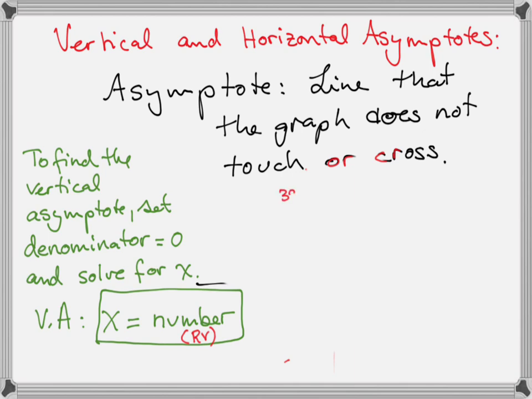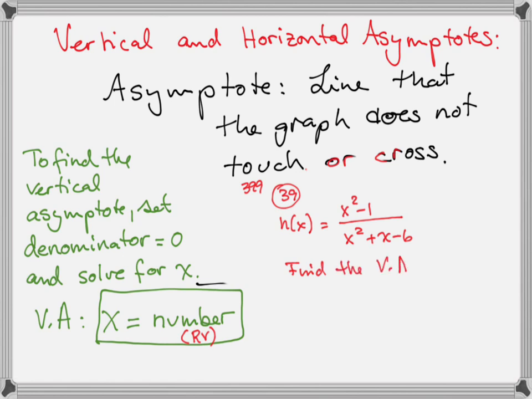Number 39 on page 399 says h of x is equal to x squared minus 1 over x squared plus x minus 6, and it's just asking you to find the VA.